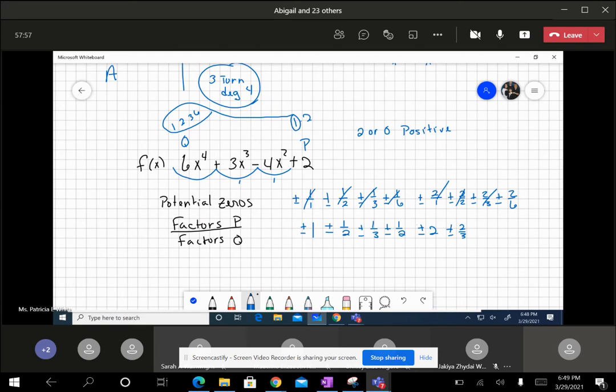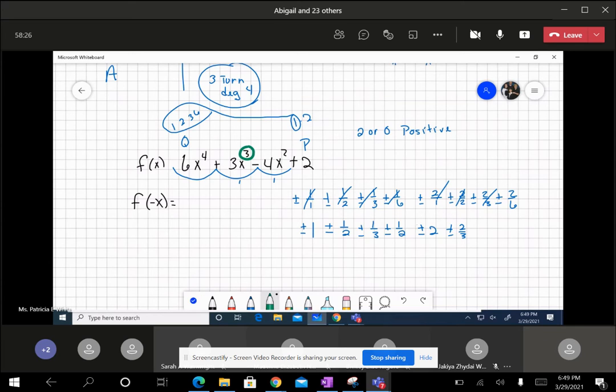positives, right? What about F of negative X? What would that look like? What terms would actually change their signs? Only when the exponent is odd, right?